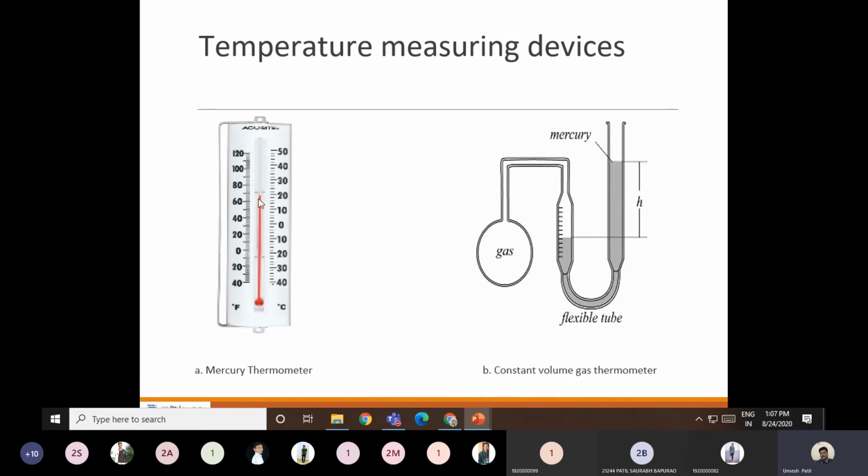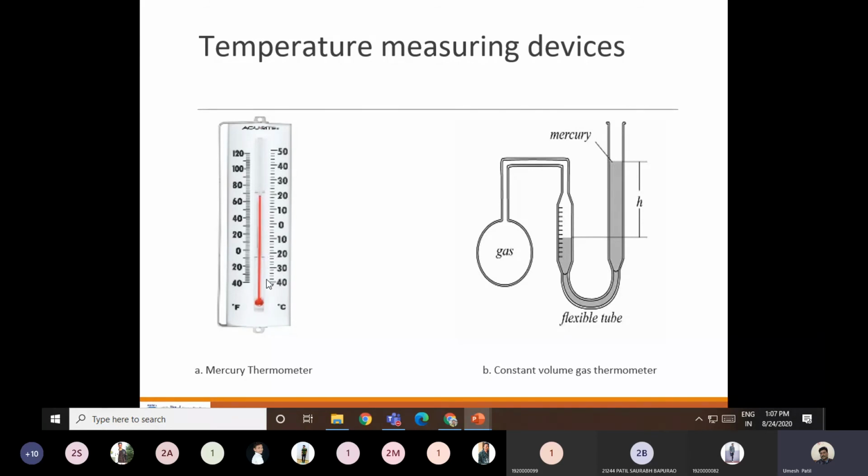So when we immerse this thermometer inside that substance, there will be a thermal equilibrium first between this substance and the bulb of this capillary tube. Okay, so that bulb will sense the heat, so the mercury will expand and start to rise inside the capillary tube.